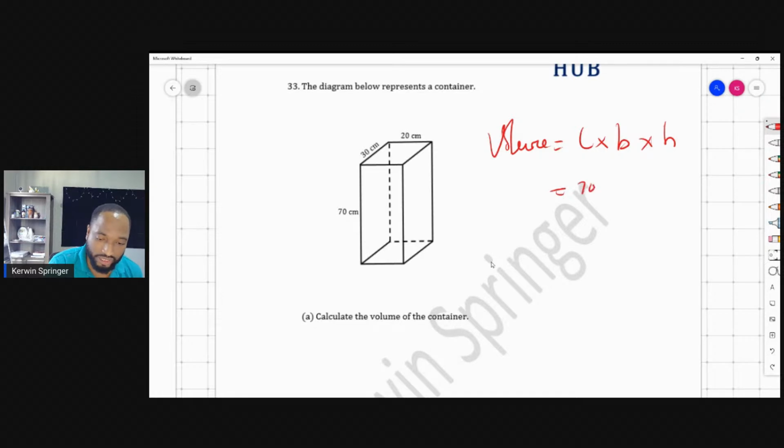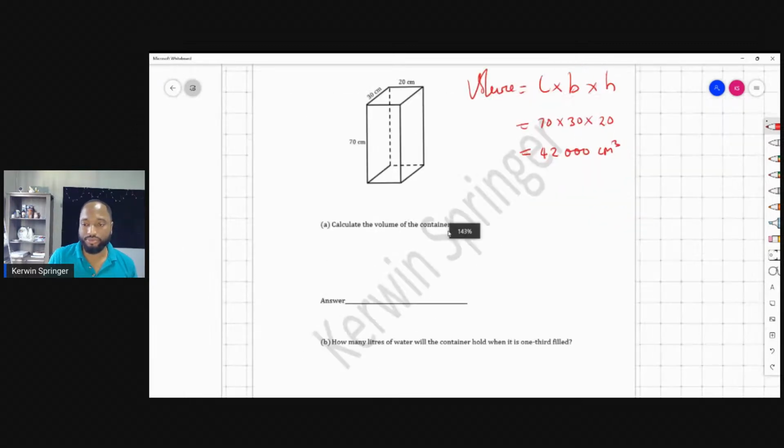So it's 70 times 30 times 20, or I can think of 7 by 3 by 2. 7 3s are 21, by 2 is 42. And then give me back those zeros. So this is 42,000. That's the volume of the container, and that would be in centimeters cubed. You could multiply this all your ways and see if you get that same number.